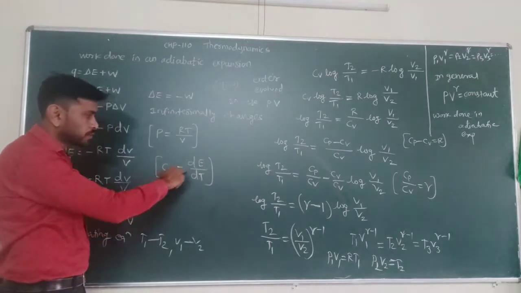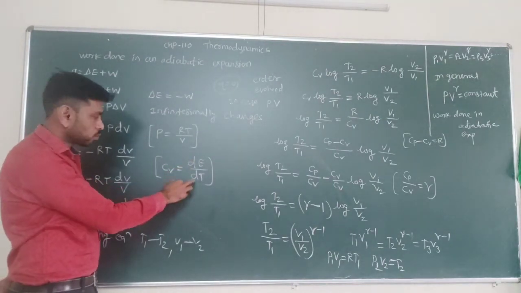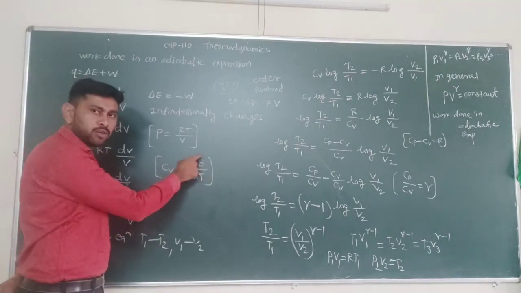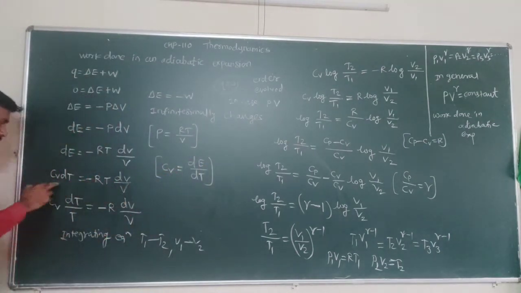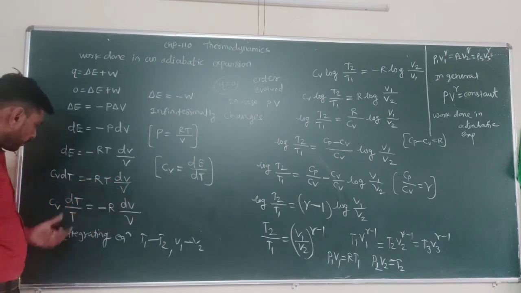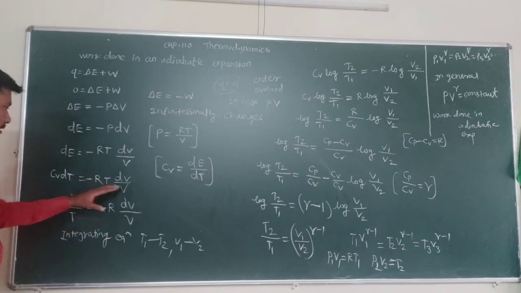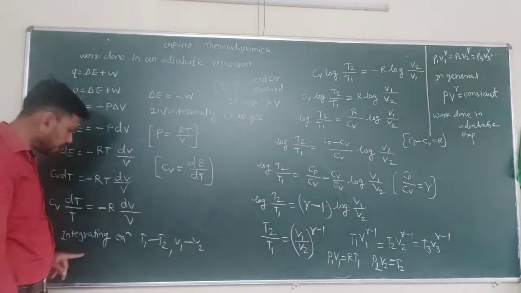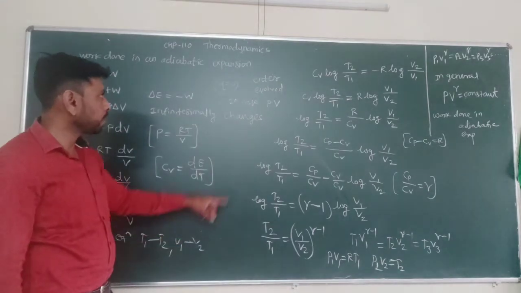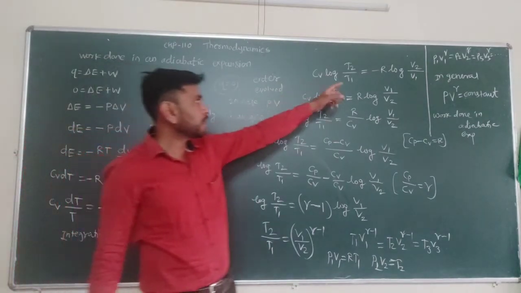We can write CV equal to dE upon dT, so CV dT equal to dE. We put this value here: CV dT equal to minus RT dV upon V. Now rearranging this equation, we take the integral between limits T1 and T2, V1 and V2.